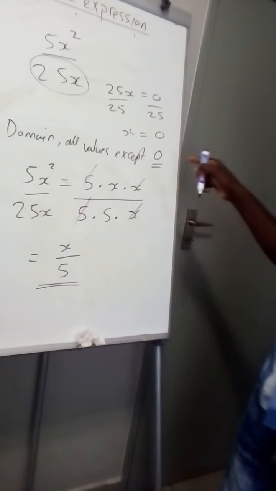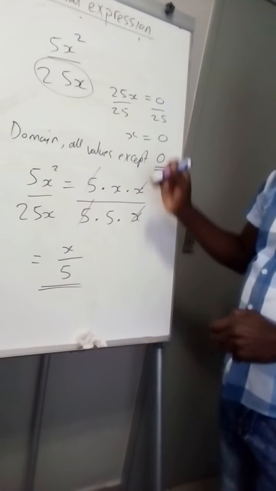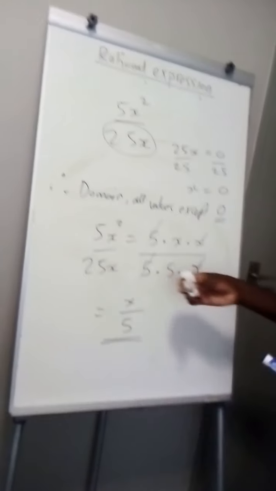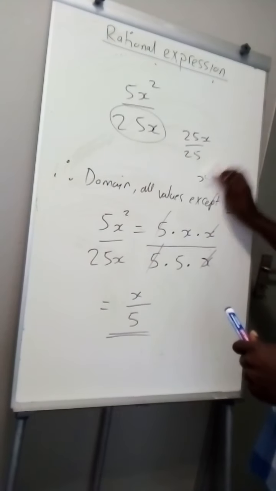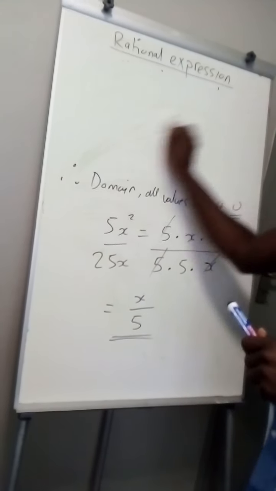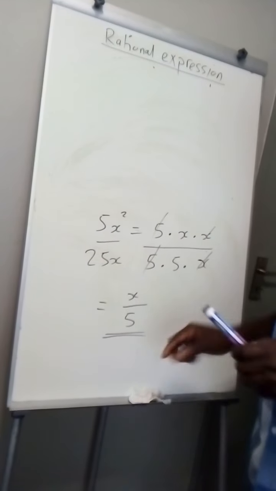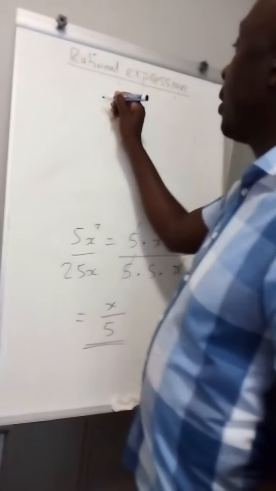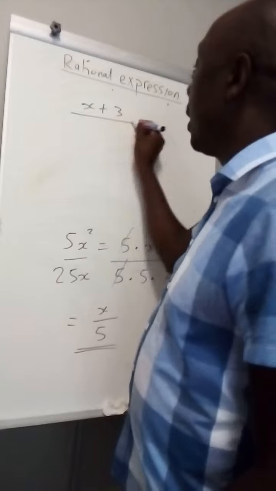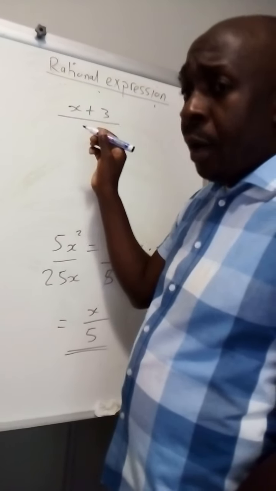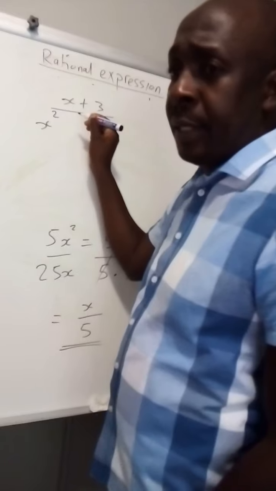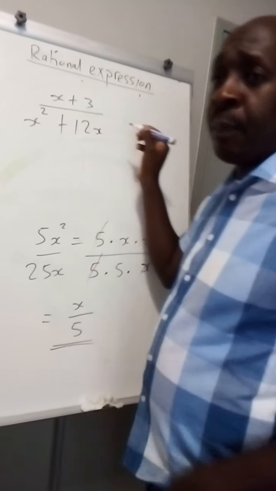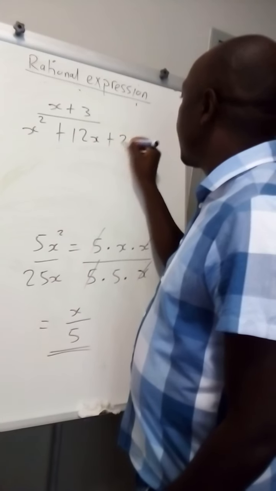But remember, the first step is you must get the domain of this expression before you simplify. Okay, now there is something for you to do. I want you to simplify this: x plus 3 all over x squared plus 12x plus 27.